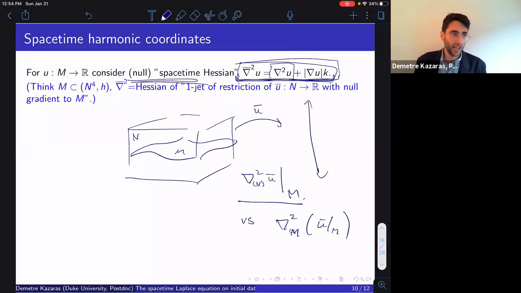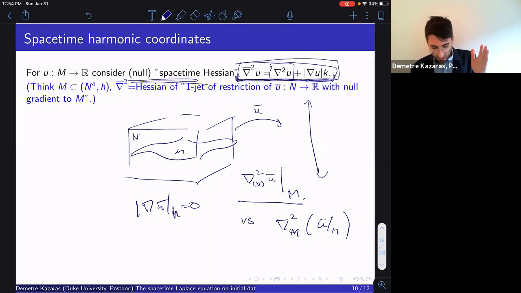Well, you can find for yourselves a formula for how to express one in terms of the other. And you will notice the following. Suppose this function u bar on the entire ambient Lorentzian manifold N has a null gradient. In other words, if you take the gradient of u bar and measure that with respect to the Lorentzian metric h, it's 0, it's null.